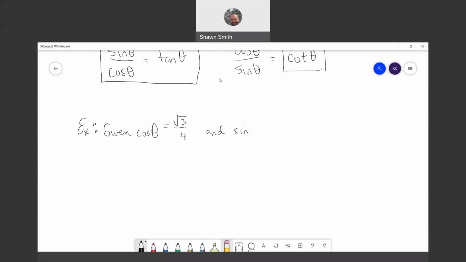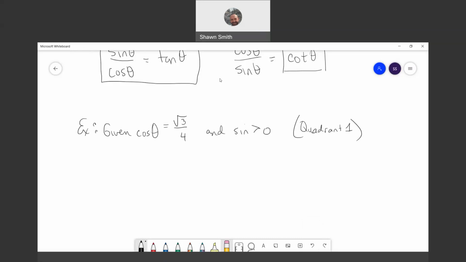And let's say the sine is positive. So if I know the sine is positive and cosine is positive, what quadrant are we in? Everything's positive, so quadrant 1, right? So we know quadrant 1.